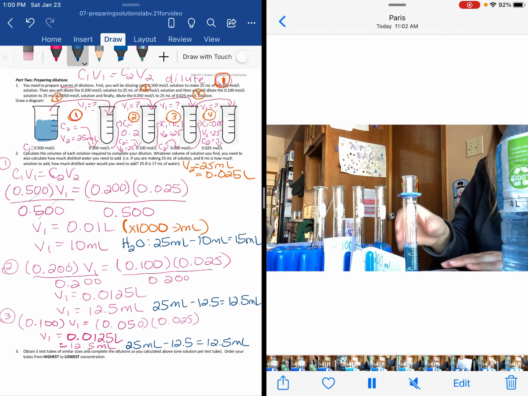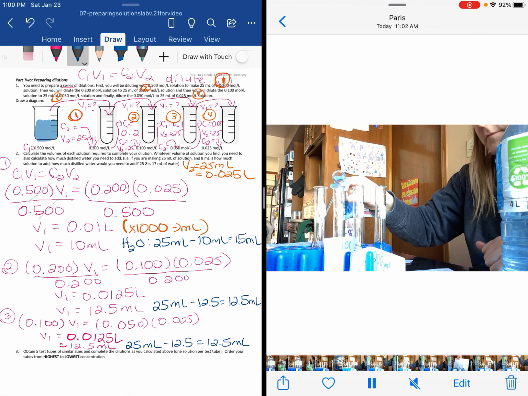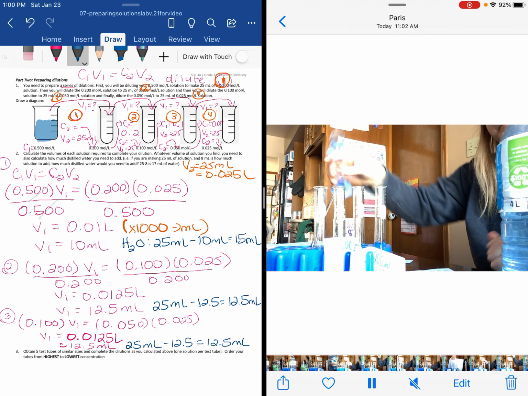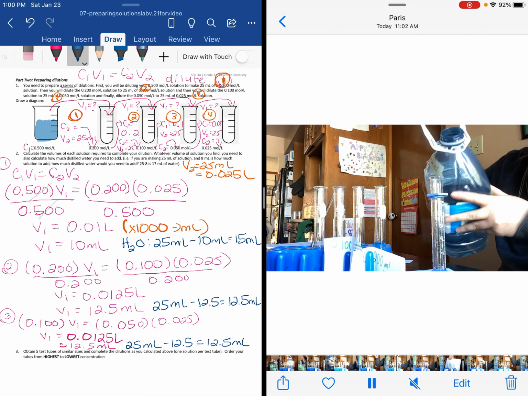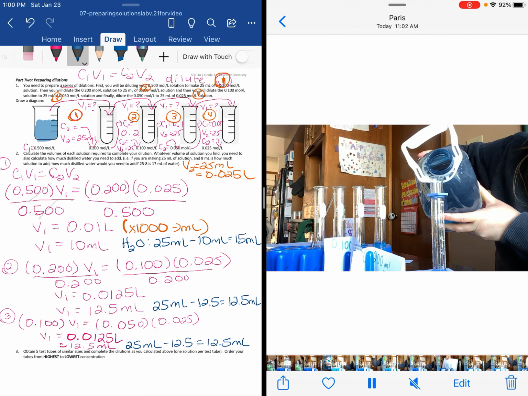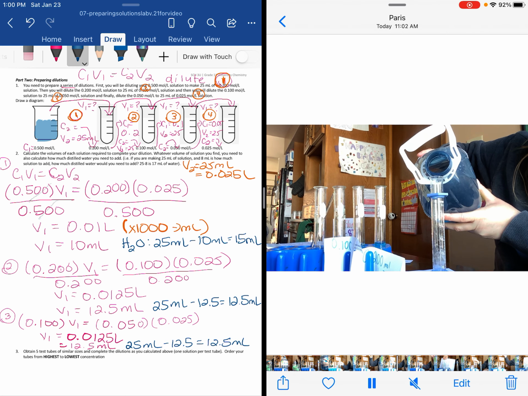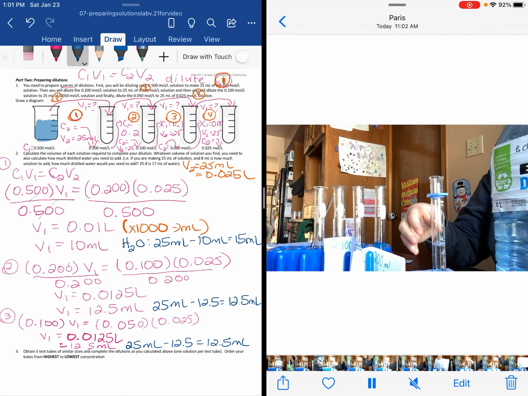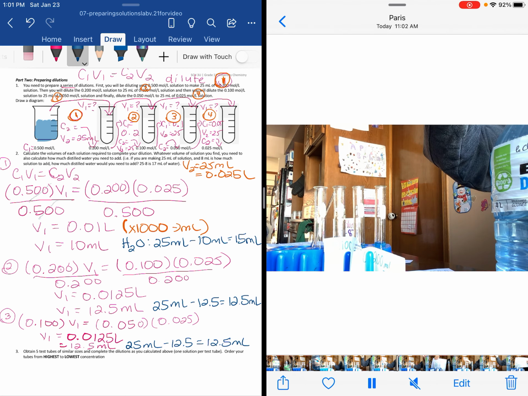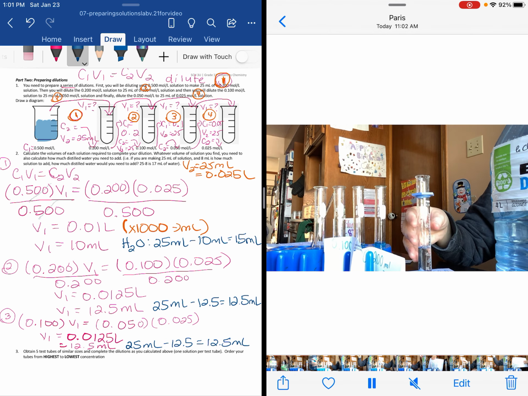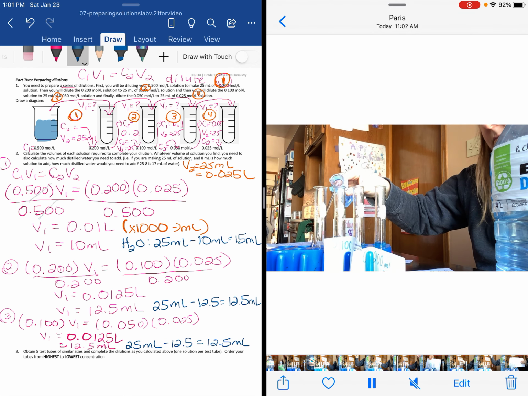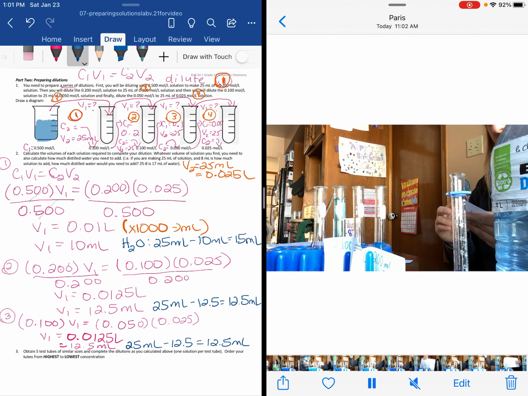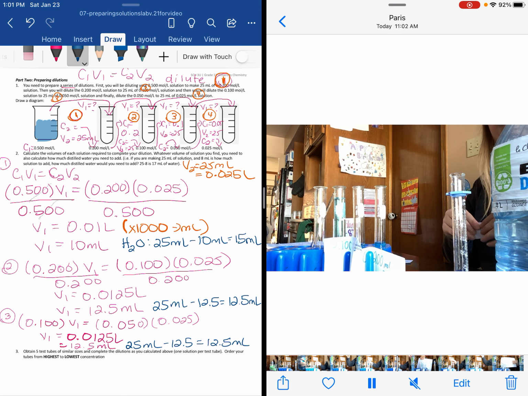It's got calibrations on both sides, but it is 12.5 of water to get us to 0.05.